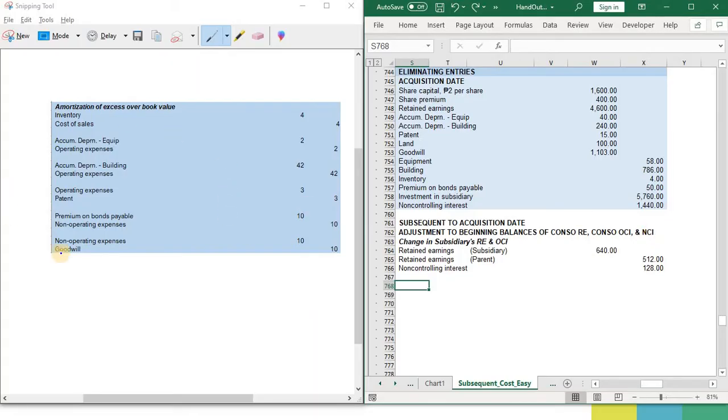On the left side, these are the eliminating entries that we did in 2020. Now we are going to repeat these in 2021. If you look into these entries, the eliminating entries use both real and nominal accounts. For the real accounts, the same entry will apply during the current year eliminating entries.